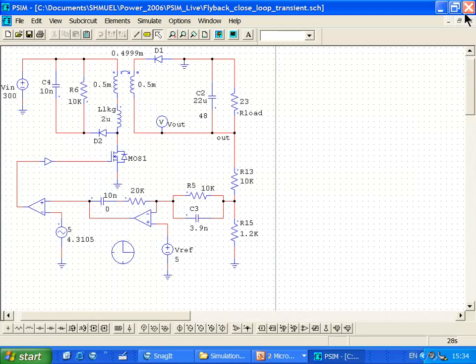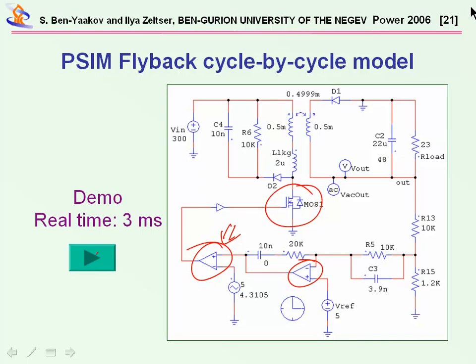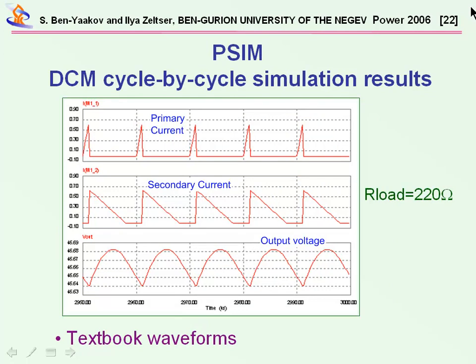So the reason why we get these nice waveforms is because, as I've said, PSIM is not looking at the transitions at all. And consequently, it's not trying to replicate what is really happening within this transition, and you are losing this information.